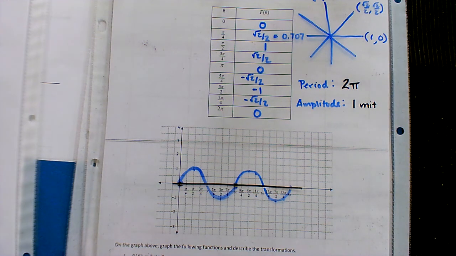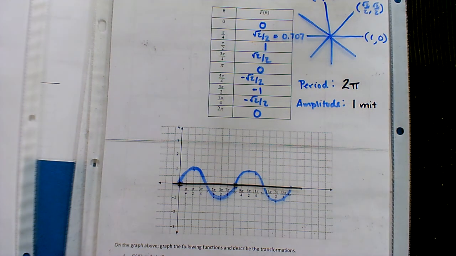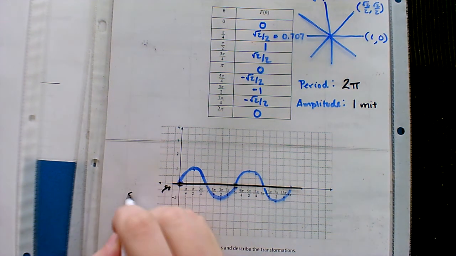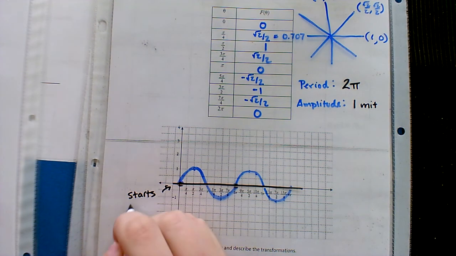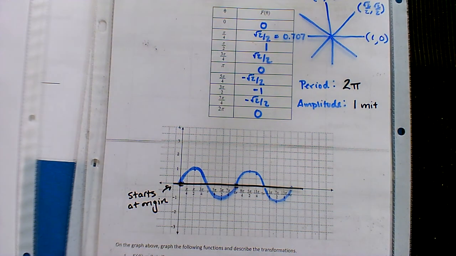What's the radius of a unit circle? 1. Yep. Mind blown. All right, so this is a basic sine graph. It starts at the origin. Maybe we'll write down some of these properties. It starts at the origin. It has a period of 2 pi and an amplitude of 1 unit.